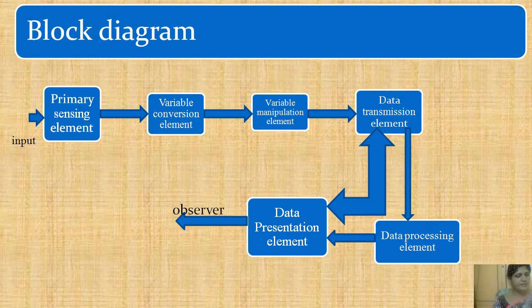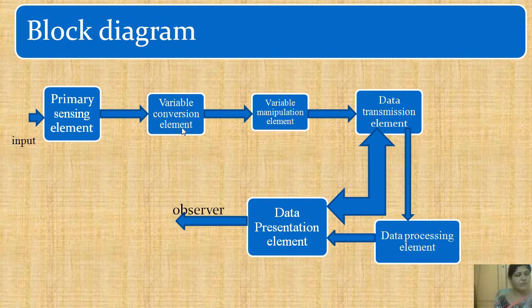This input is supplied to the first functional element, the primary sensing element. The primary sensing element senses or measures the measurand, and then gives its output to the variable conversion element, which is the second functional element.